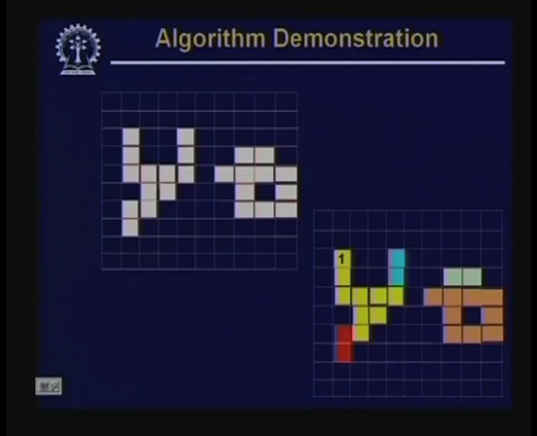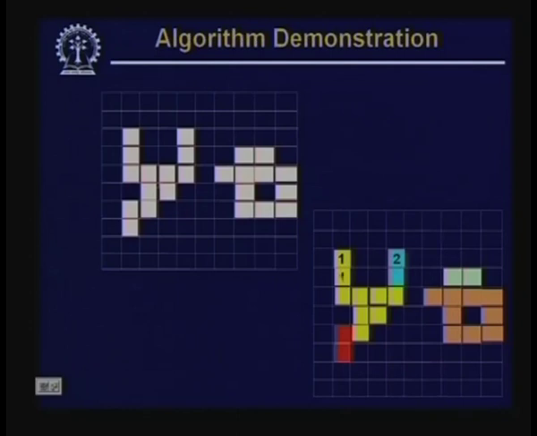Now, if I scan this binary image from left to right and from top to bottom, and assign levels to different pixels, then the first object point that I encounter gets level 1. Then I continue my scanning, go to the next point belonging to the object, and here the next point gets level 2, because none of the points above it or to the left of it has any level.